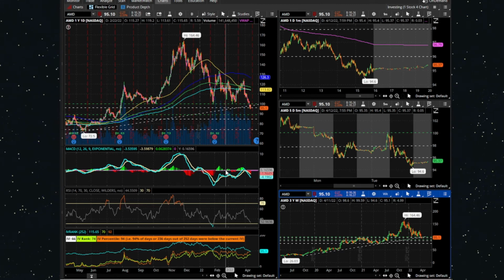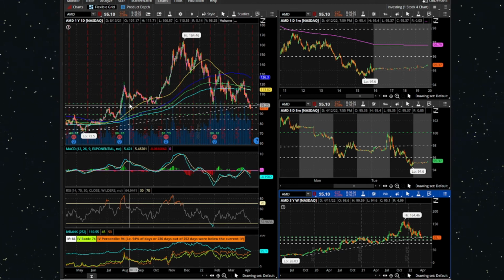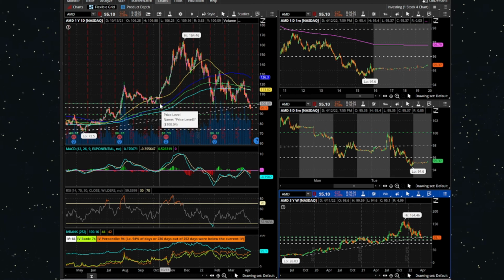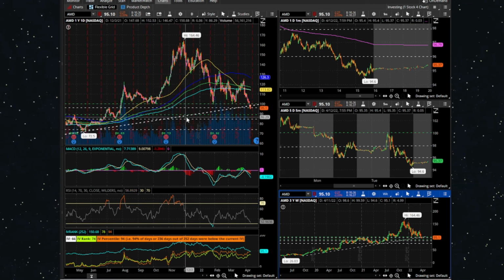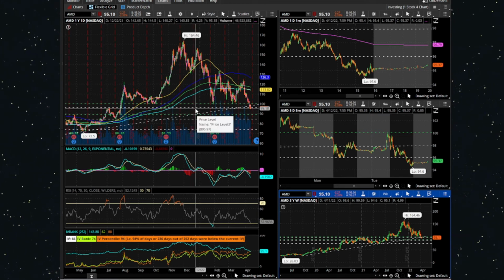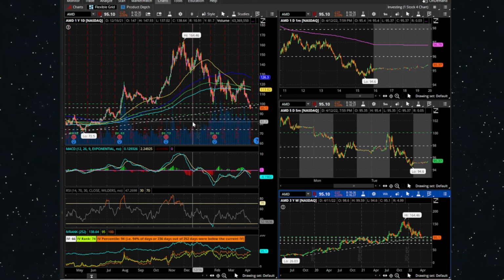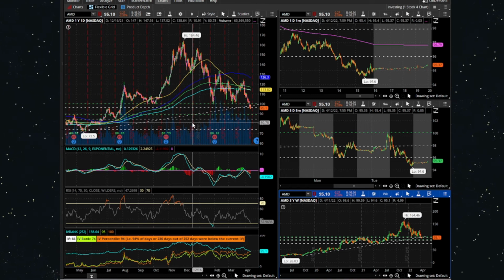So I'm trying to see where this stock is going to bottom, and then I'm going to enter into a bullish trade on AMD. Now I have a lot of lines on my chart right now. Every green horizontal line is a support or resistance corresponding to the daily chart. Every white horizontal line is a support or resistance corresponding to the weekly chart.